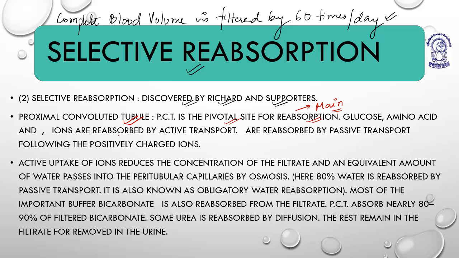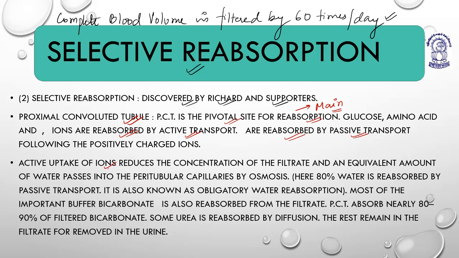Ions are reabsorbed by active transport, and some ions are reabsorbed by passive transport. So: glucose, amino acids, passively transported ions, actively transported ions.